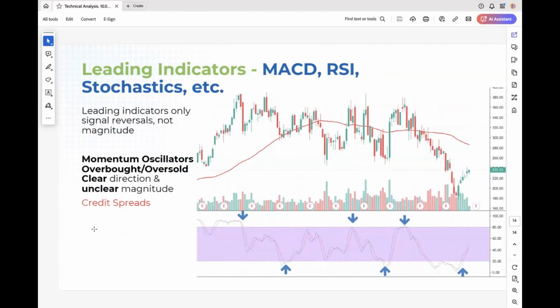Those are momentum oscillators that will tell us if something is overbought and or oversold. And these use different types of math behind it. A lot of them use EMAs and price movements, but then it's normalized to be on a scale from 0 to 100. That's most of them altogether, especially with RSI, for example.